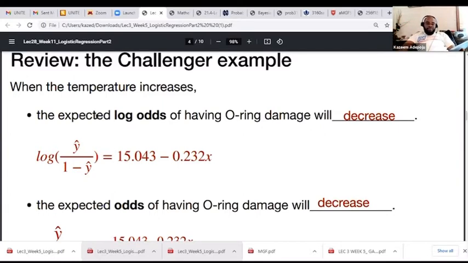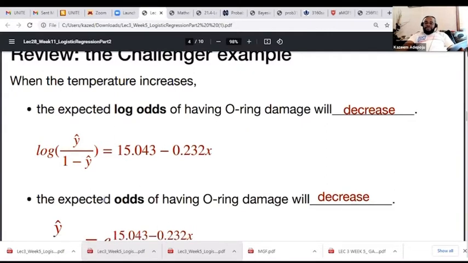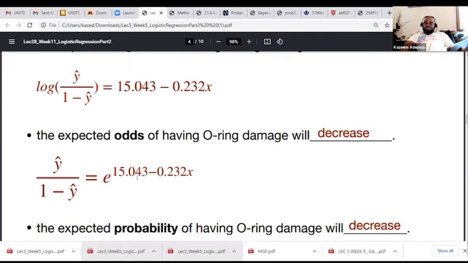So the expected log odds of having O-ring damage will decrease. How do I know that? Because of the negative sign that we have. And of course, for the expected odds, this is what I showed you the other time: if this is the log of that, then the log coming to the other side is going to be the exponential.